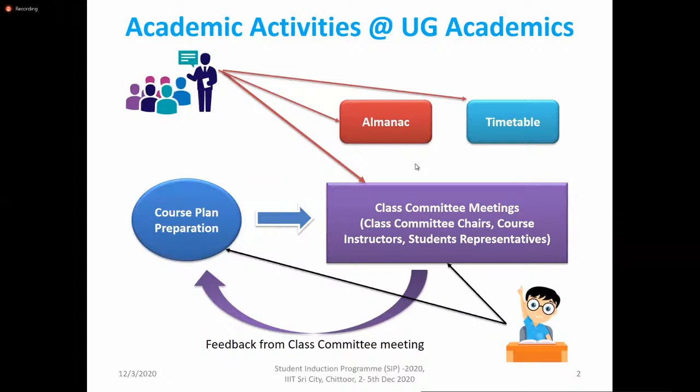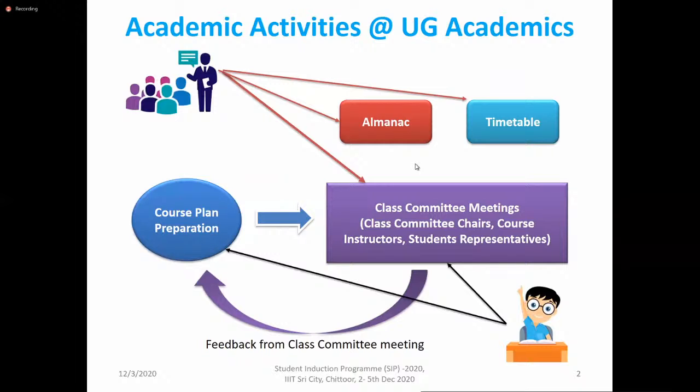You can see there is a feedback arrow going to the course plan. Any suggestions from the class committee meeting will be given to the faculty, and if the faculty want to modify it a little based on the requirements, it can be modified. But more or less, course plans are decided by the faculty.